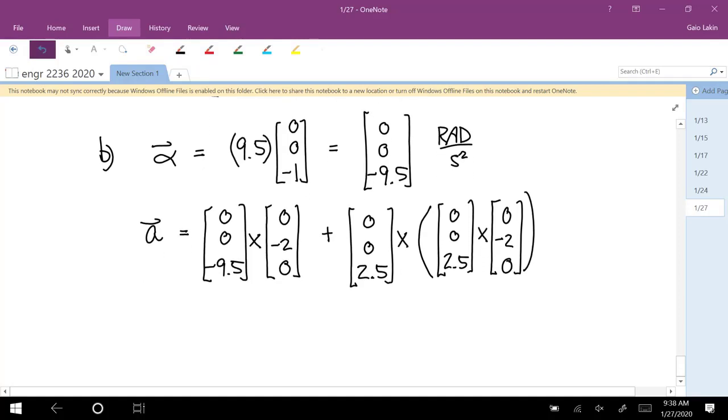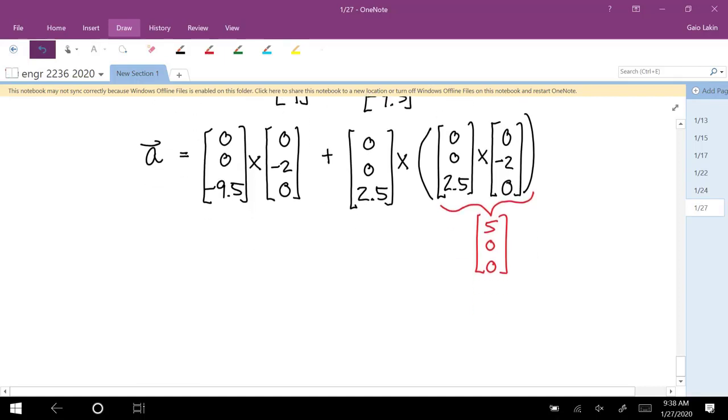This is actually what we did before. If you cross those, you get 5, 0, 0. And then if you cross 0, 0, 2.5 with 5, 0, 0, you get 0, positive 12.5, 0.